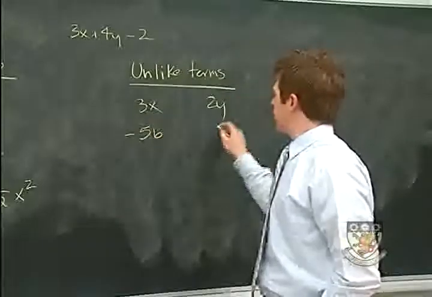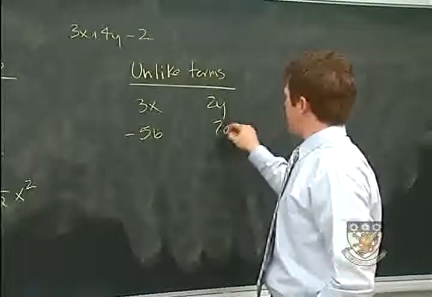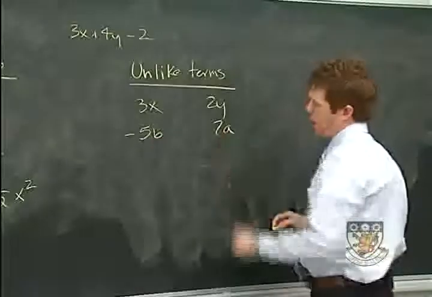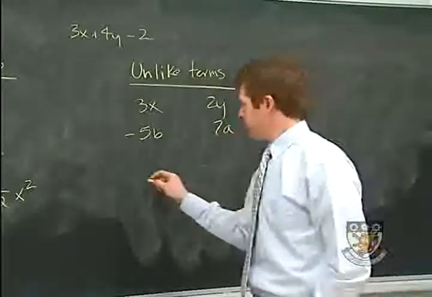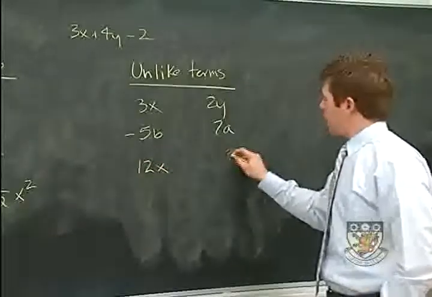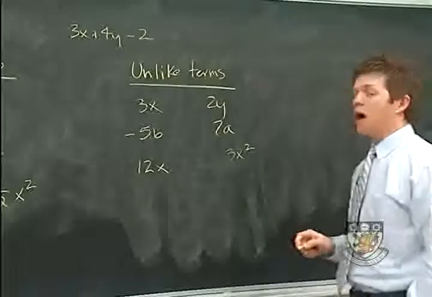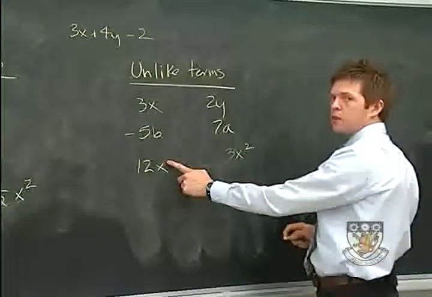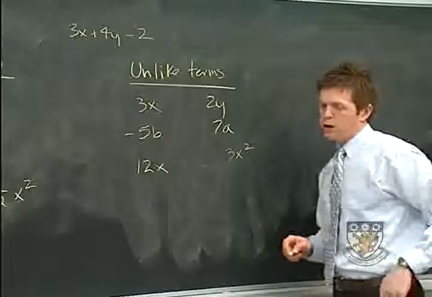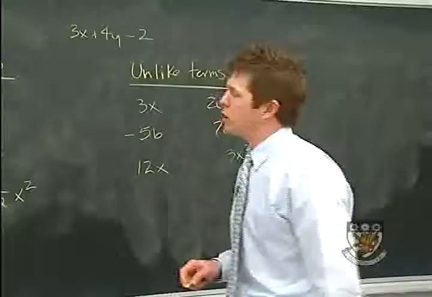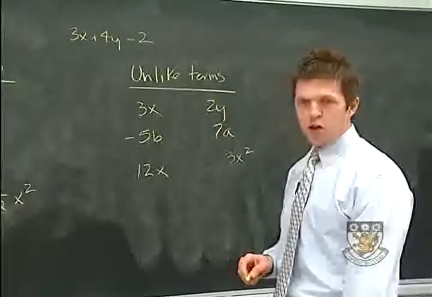Negative 5b and 7a are unlike terms, b and a. 12x and 3x squared are unlike terms. Even though we have an x and an x, this one is only x to the 1 power, this is x squared, unlike terms.